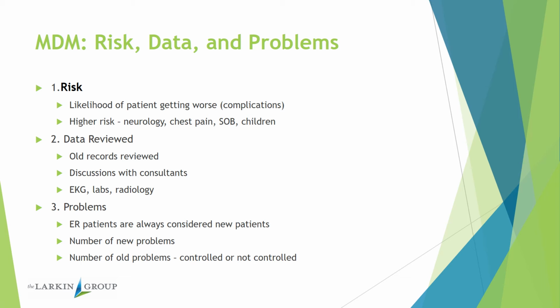For risk, you'll click either low, moderate, or high, depending on your opinion of whether or not you thought the patient might get worse, the problems presenting, and how severe they were.